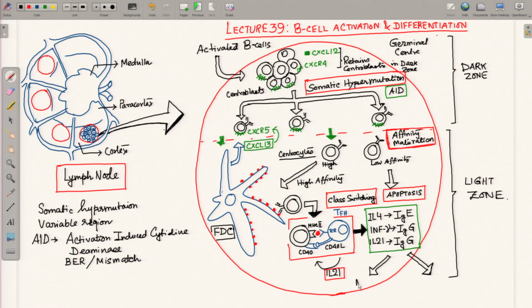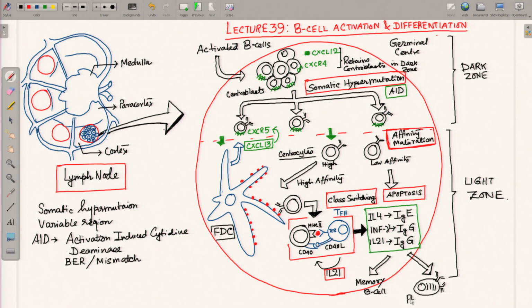So, it can become a memory B cell, or a plasma cell. The plasma cell will produce the antibodies, the soluble antibodies. So, now these antibodies will be the mediators actually.